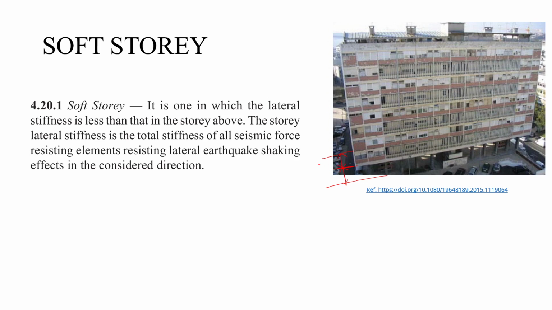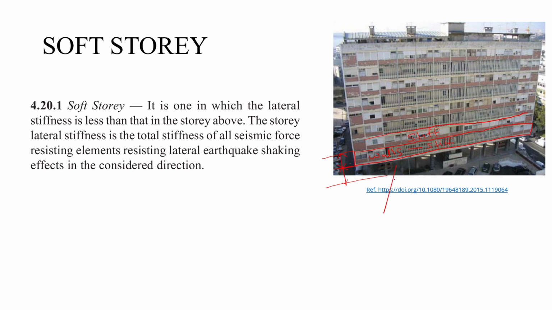So what happened is, the presence of walls, you can see there are walls all over the floor in these stories, and because of these walls this story is getting stiff. Similarly this story is getting stiff.